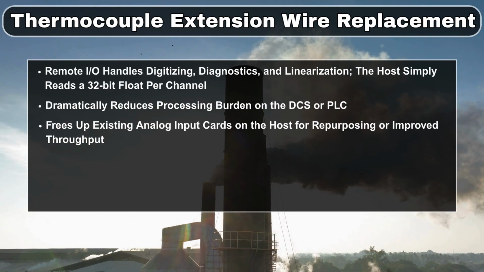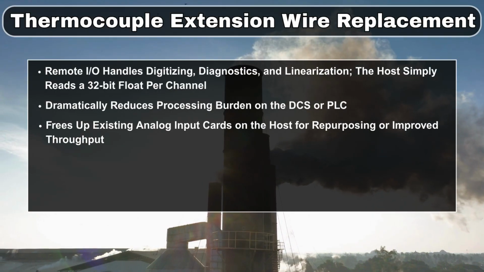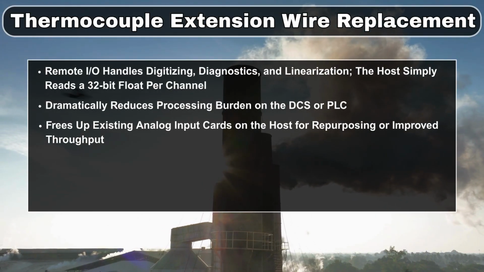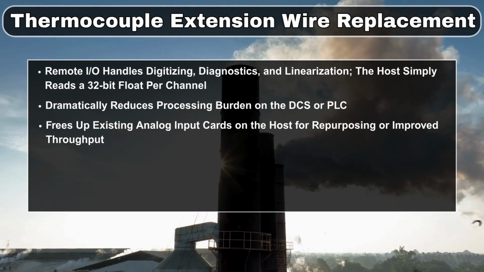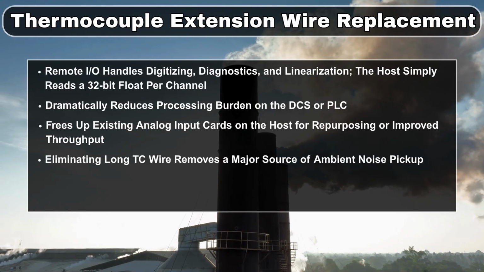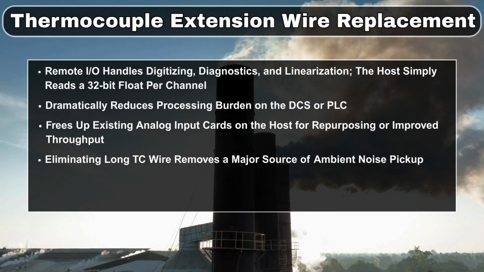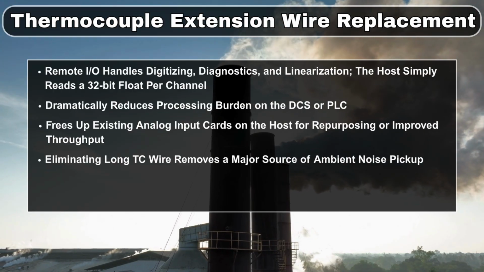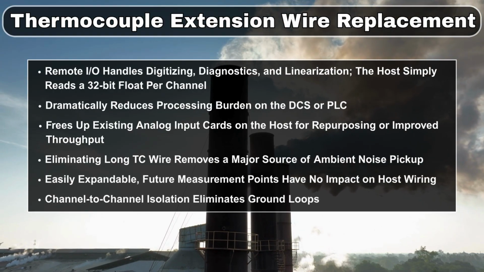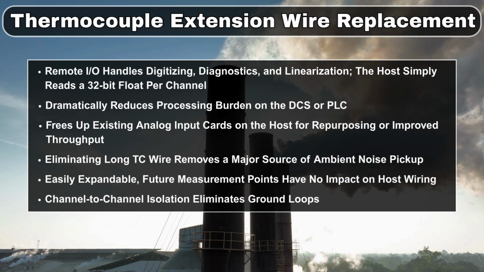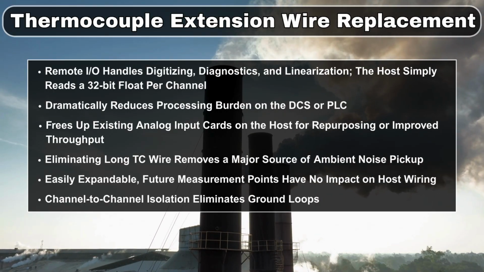Thermocouple extension wire tends to act as an antenna for ambient electrical noise. The millivolt level thermocouple signal is especially vulnerable, and eliminating that wire removes the noise pickup along with it. And because remote I/O is easily expandable, any additional measurement points you add in the future have no effect on your wiring back to the host.